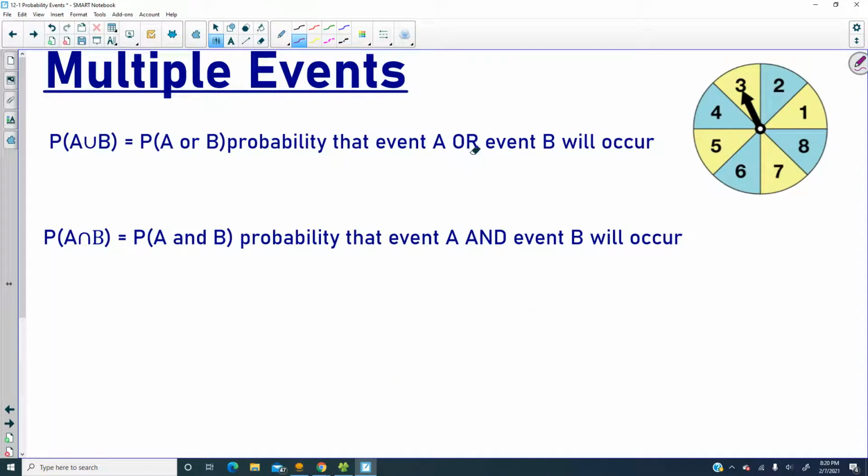All right, so then we have multiple events. So multiple events are either and or. So let's say that we are going to play a game with this spinner again, and we will win this game if you get a 2 or an odd number.